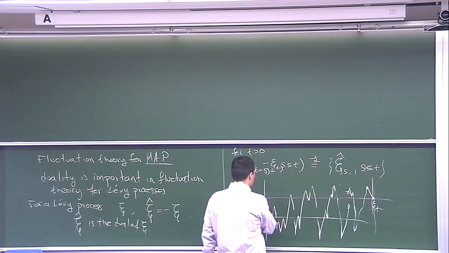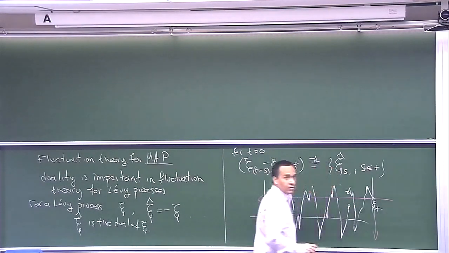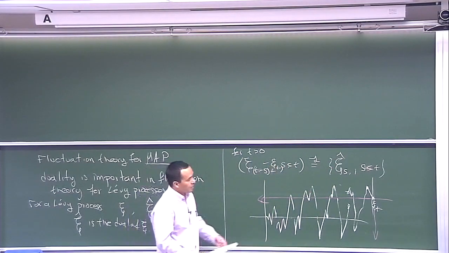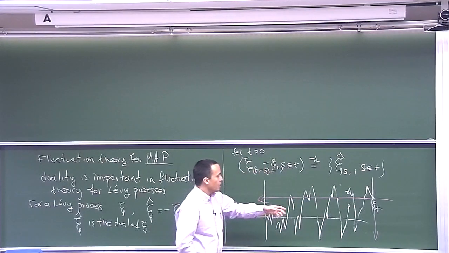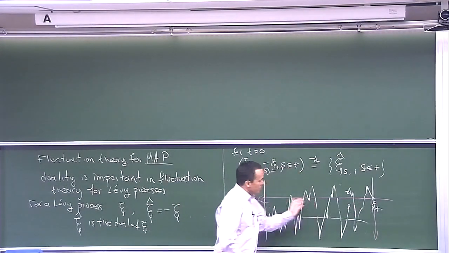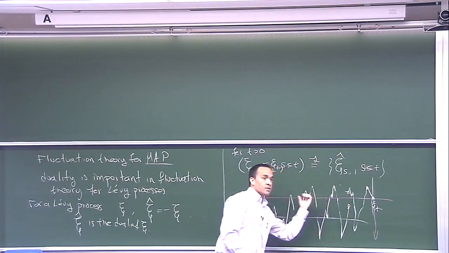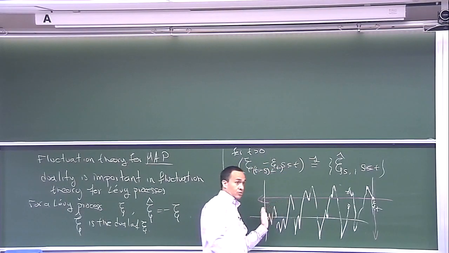I observe this process like that. This is my new axis of time, I see it from here. I read backwards. This process that I'm reading in this direction still has independent increments, because this process has independent increments.